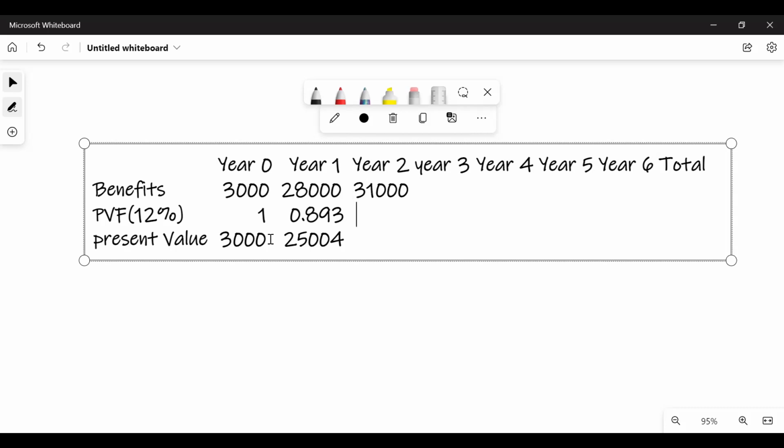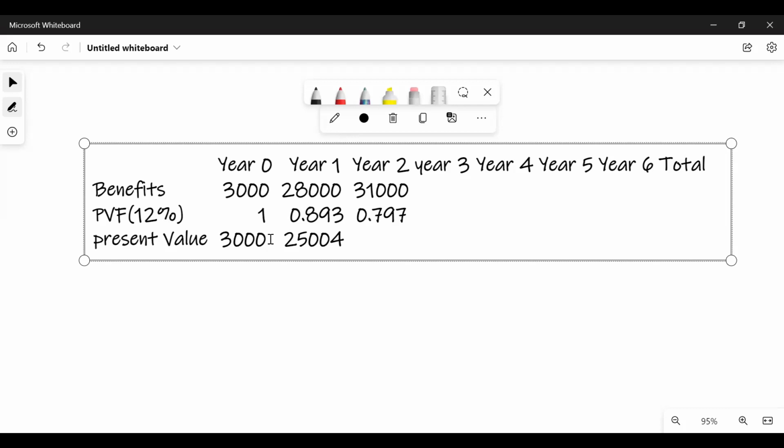And what is the present value factor for 12%? Refer to the table. 0.797, right?